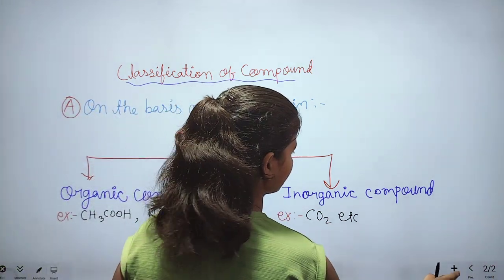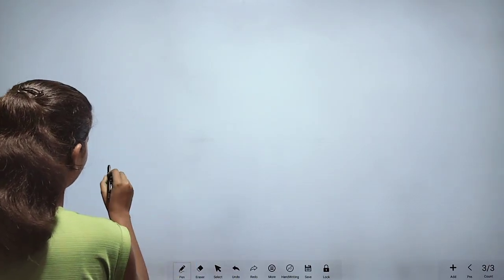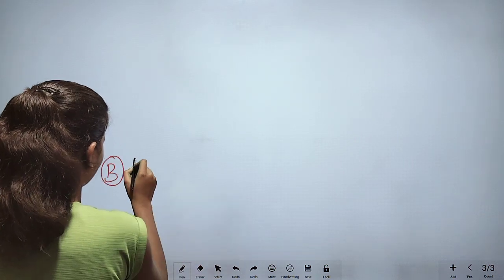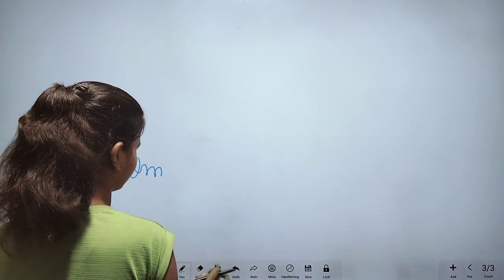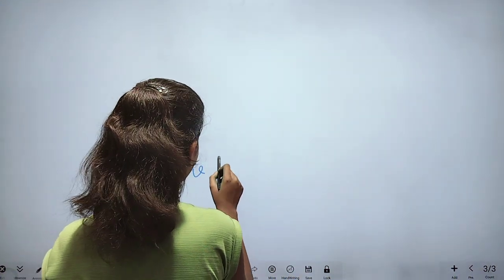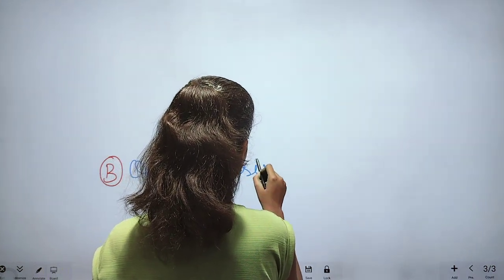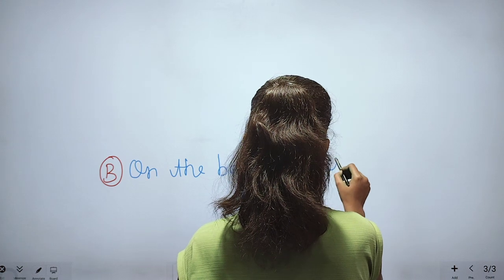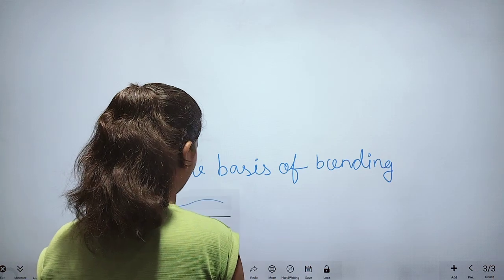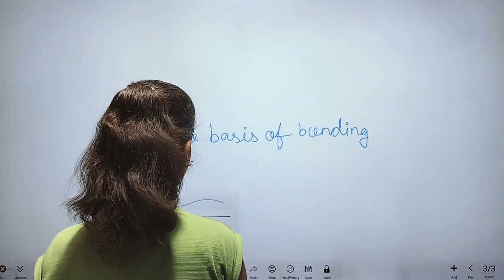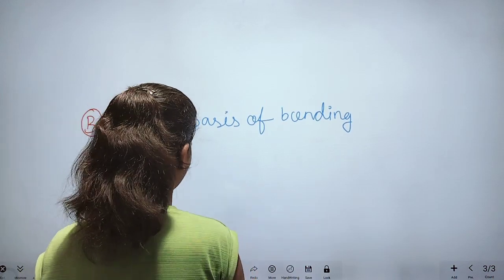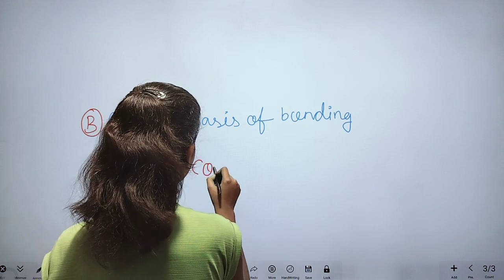B, on the basis of bonding. On the basis of bonding, there are two types of compounds.